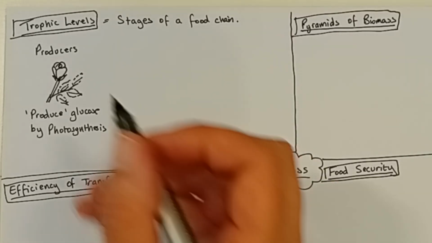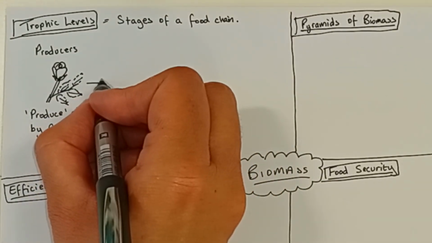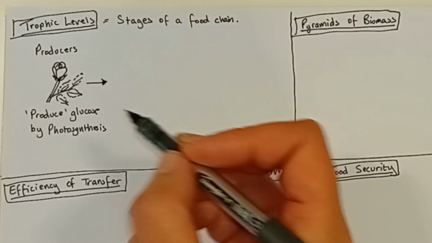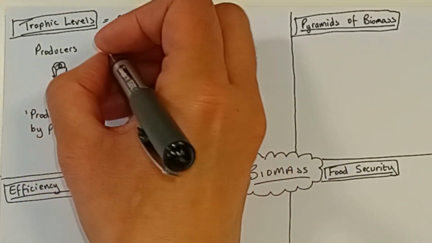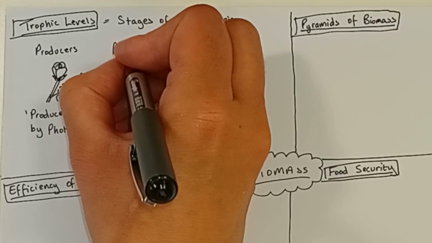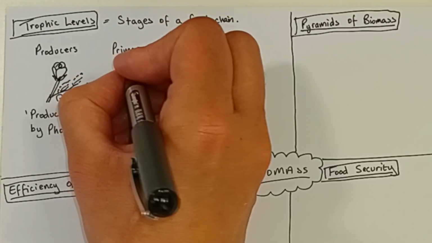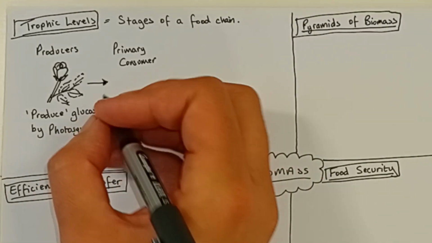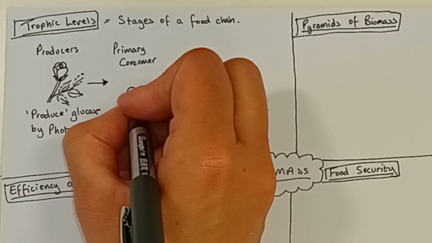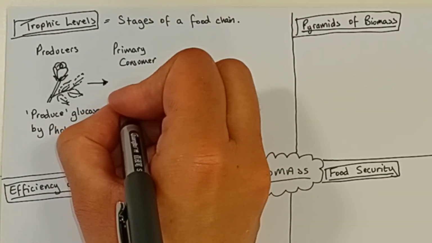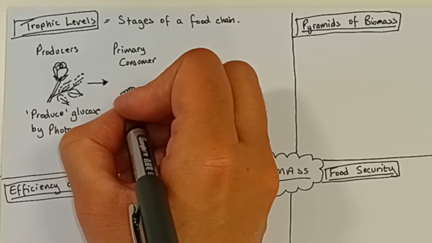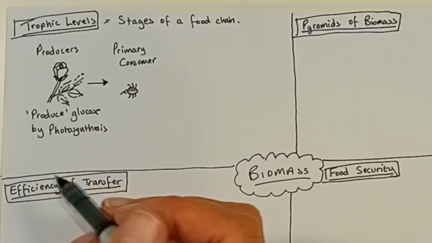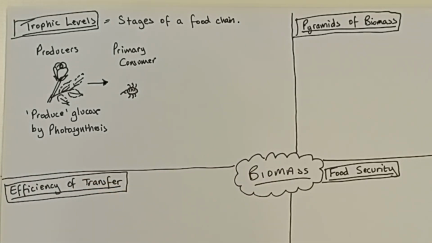The organisms that eat producers then are animals, and we call them consumers. And because this will be the first animal in our food chain, it's called the primary consumer. So in my food chain, I'm going to say that green fly, which are tiny little insects, often infest rose bushes, are my primary consumer.